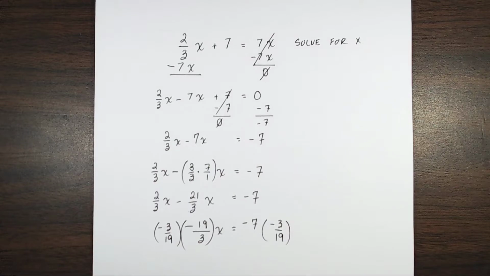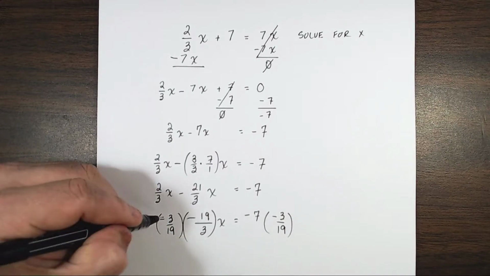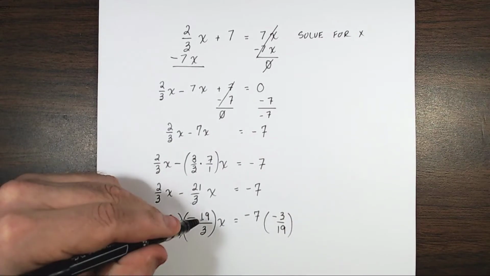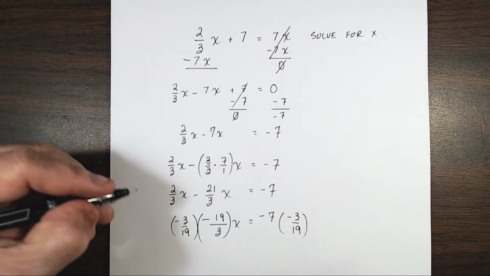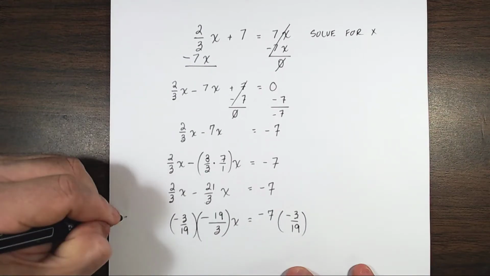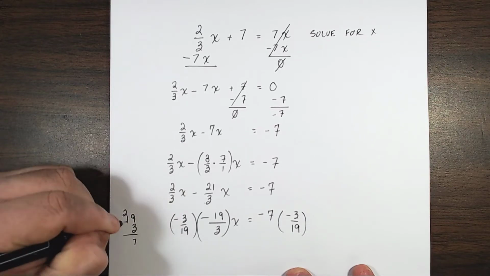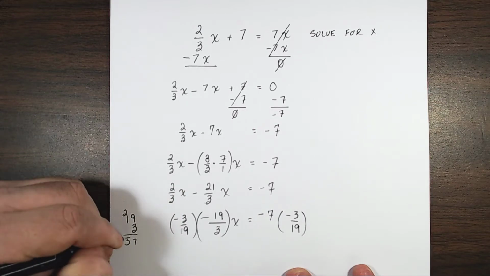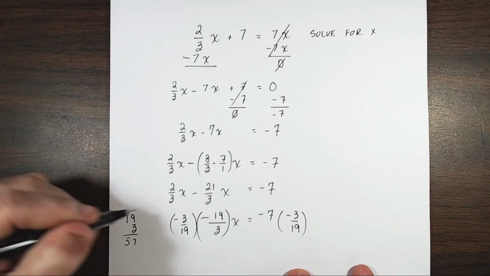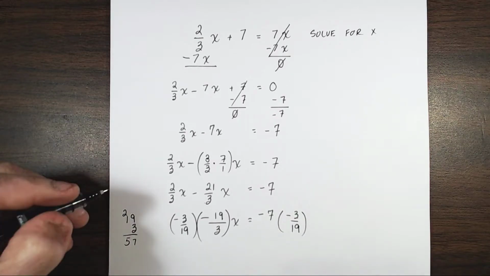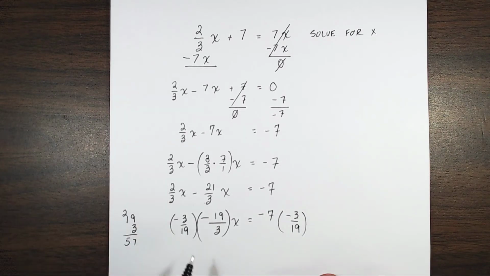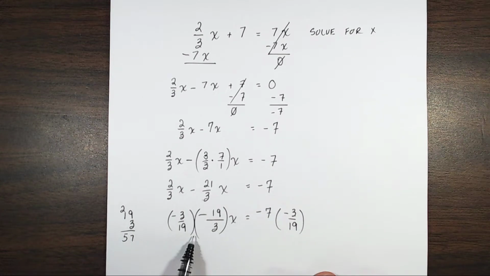Well, what is that? What is -3 times -19? Well, we can do that little side over here. 19 times 3, that's 7, 2, so 57. Negative times a negative is a positive. And then on the bottom, I have to multiply 19 times 3.